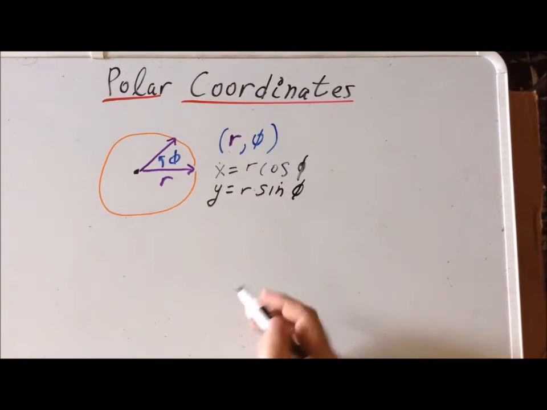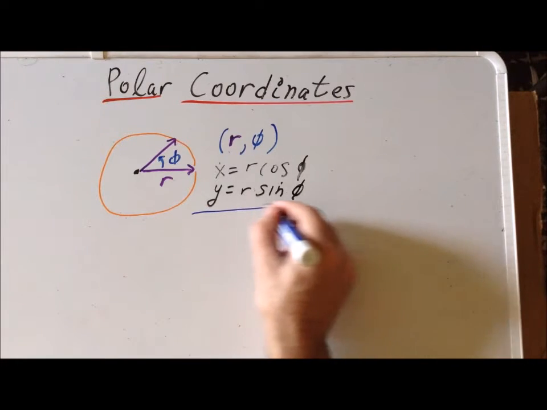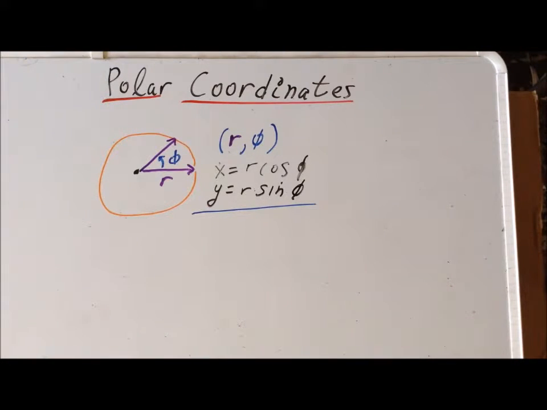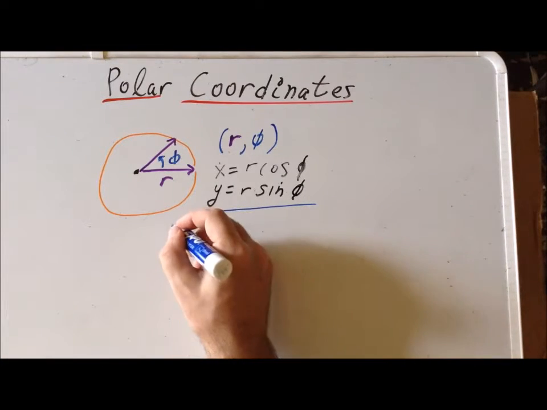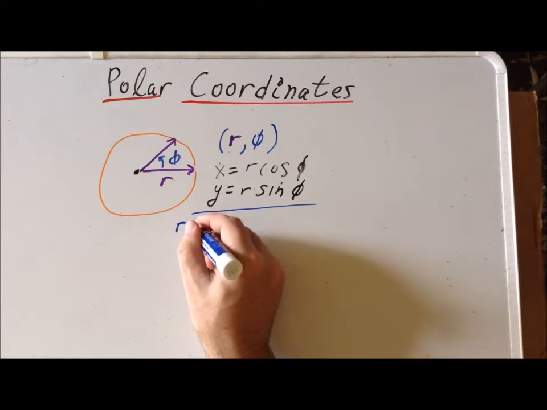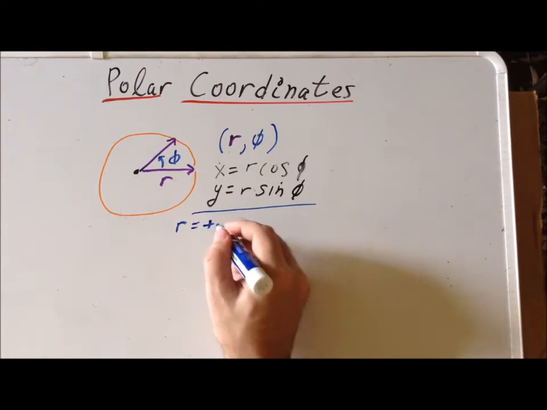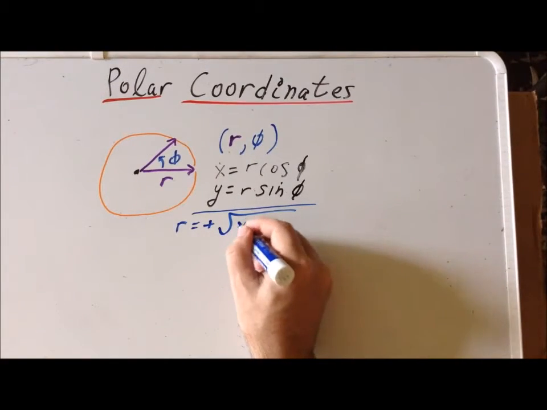So this allows us to determine the Cartesian coordinates that correspond to a particular set of polar coordinates. We can also go in the opposite direction. If we know the Cartesian coordinates, we can determine the appropriate polar coordinates. For example, the coordinate r would be equal to the positive square root of x squared plus y squared.